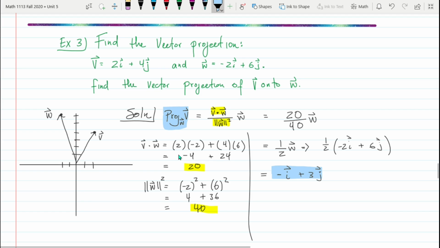So if I was to kind of draw that out, it says 1 to the left and 3 units up. So somewhere right there. And so we get a new vector here. And okay, drawing a straight line is very hard, it seems.